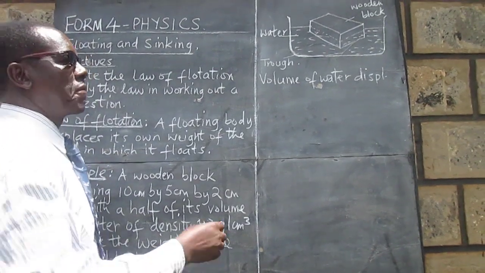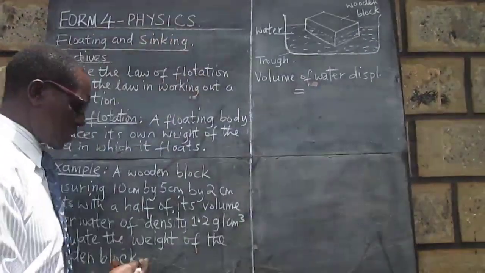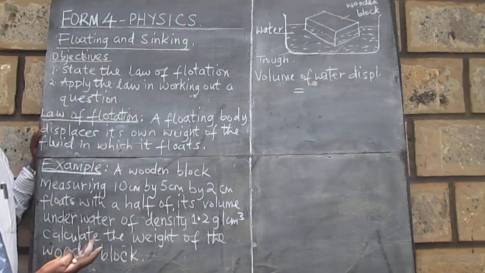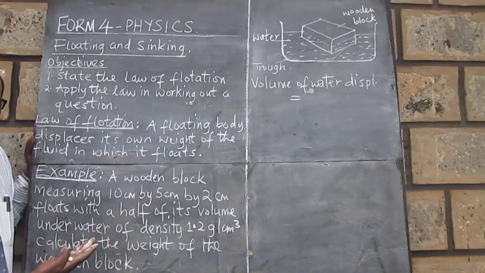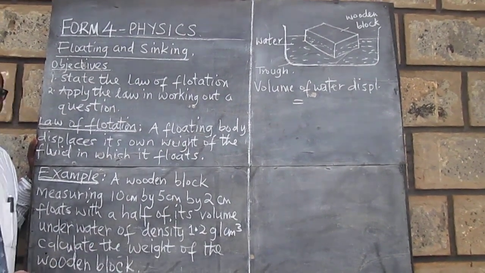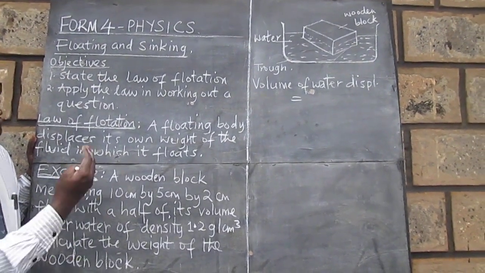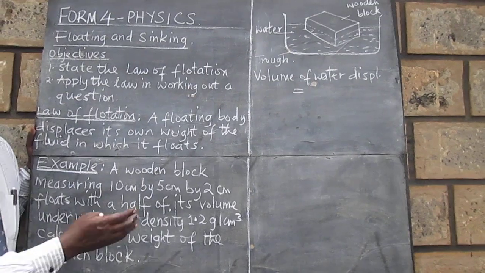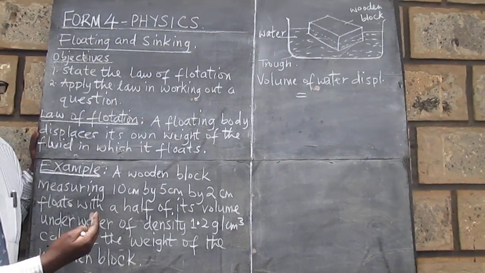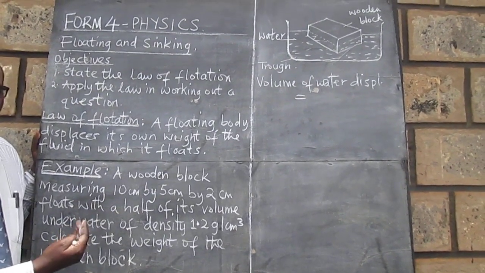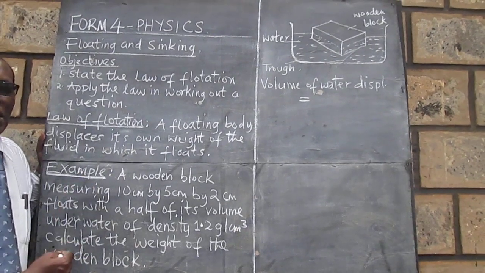That's what we are going to get first. And the question states clearly that the object floats with a half of its volume under the water. Therefore, we need to get the volume of the block and then divide by 2 so that we get the volume of liquid that is displaced.